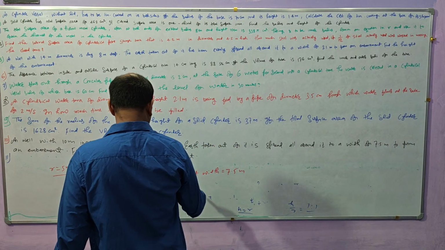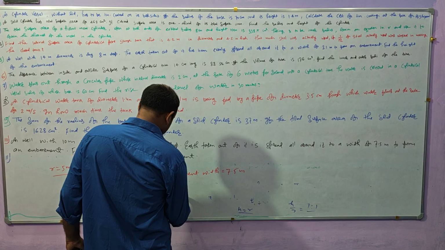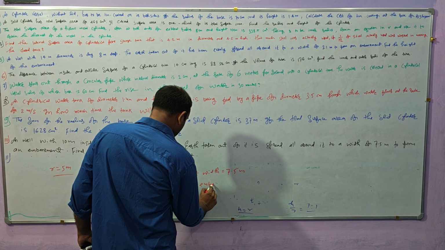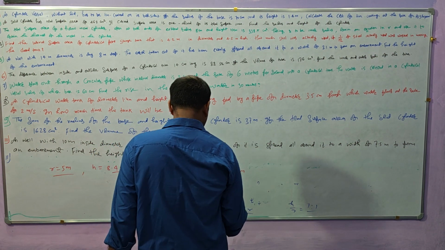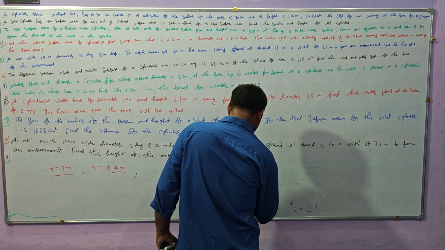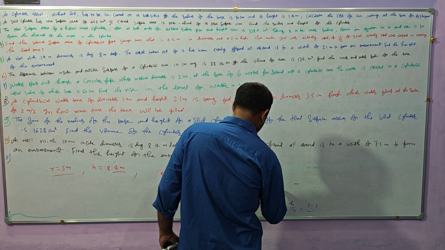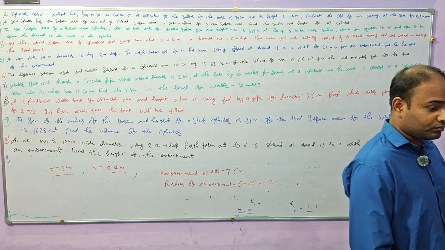The radius of the embankment is 5 plus 7.5, which becomes 12.5.